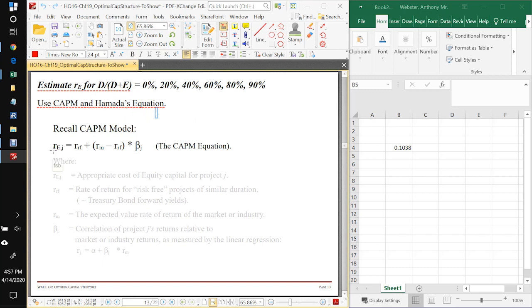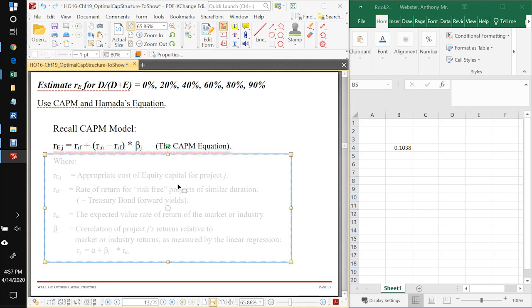Okay, so here's our CAPM model again, which everybody's familiar with. We've computed equity cost of capital with this a couple of times, and we know what all these things are. This is the cost of equity capital estimate for this firm.